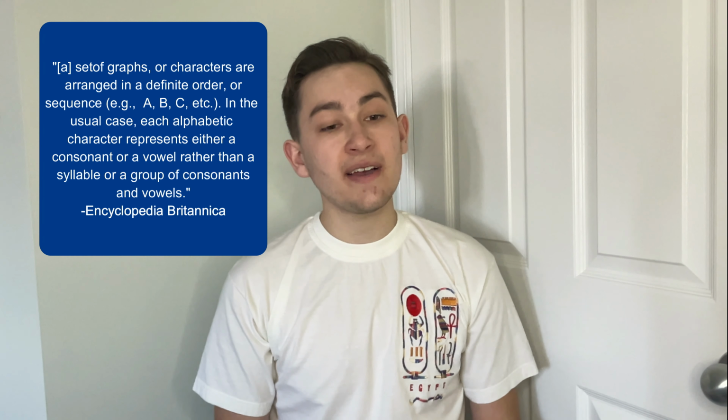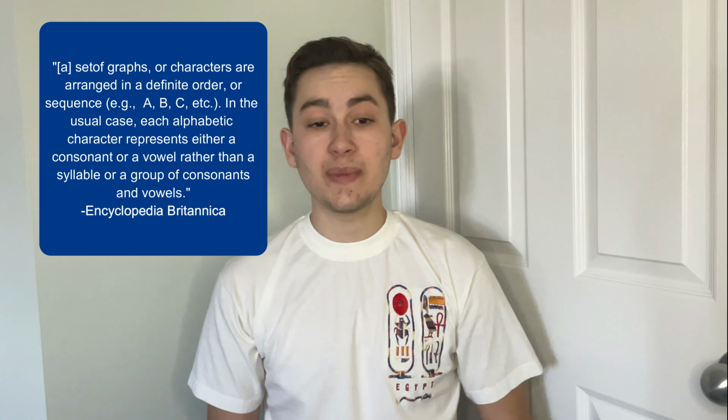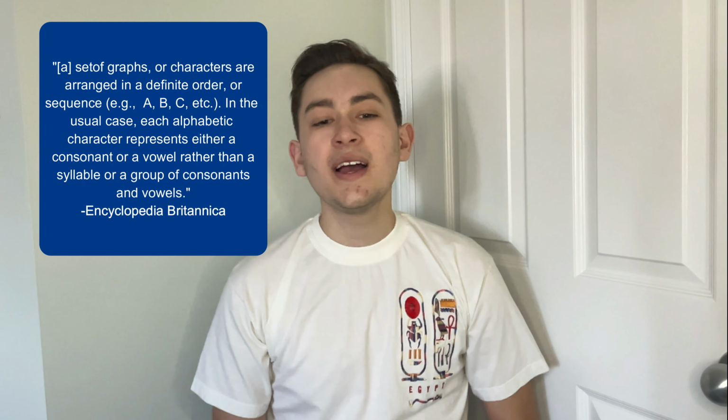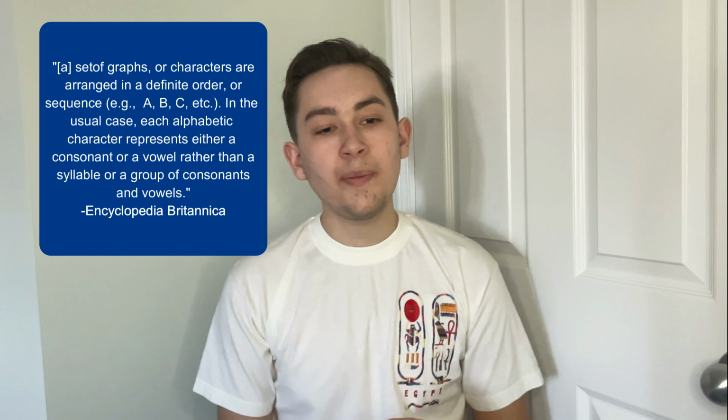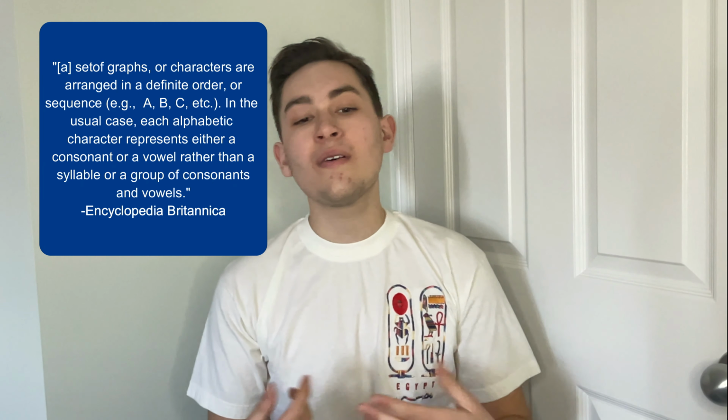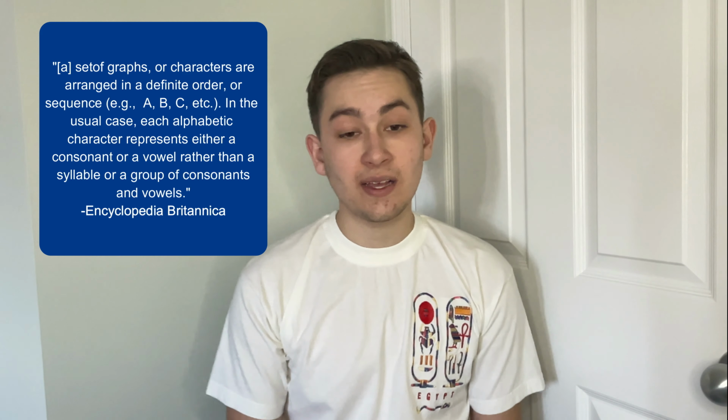In most alphabets, the characters are arranged in a definite order or sequence, such as A, B, C, etc. In the usual case, each alphabetical character represents either a consonant or a vowel rather than a syllable or a group of consonants and vowels. Thus, an alphabet is basically a writing system that uses a sign to represent a single sound in the language.